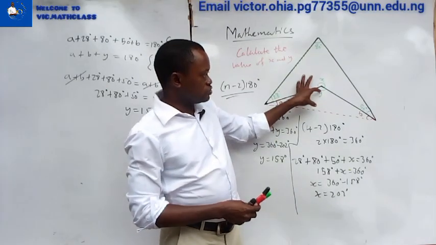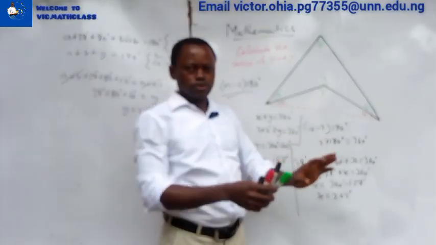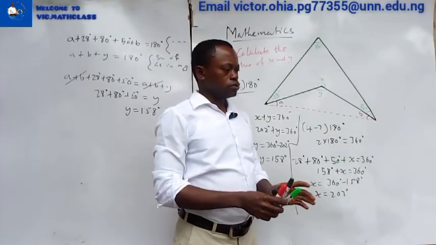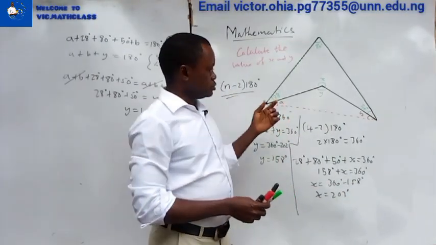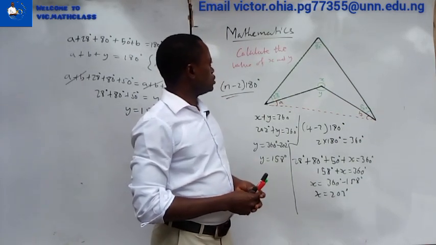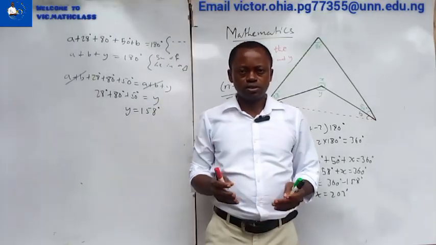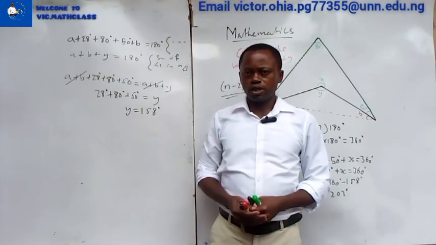Sometimes you can see something like this inside a circle. That is when you're discussing circle theorems. You can also adopt that knowledge and use it to get around whatever you are trying to resolve in that same area. Okay, I believe that this is going to be helpful to someone out there.